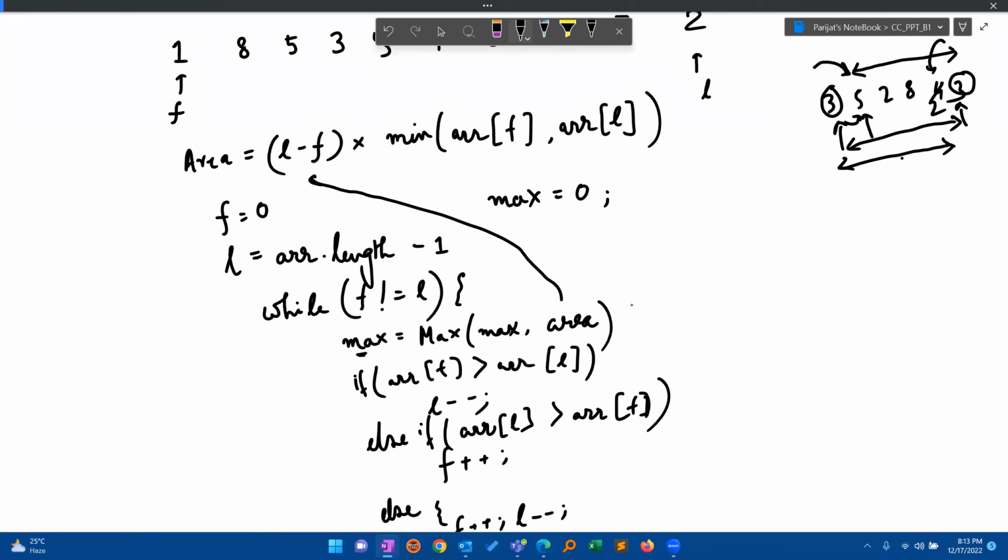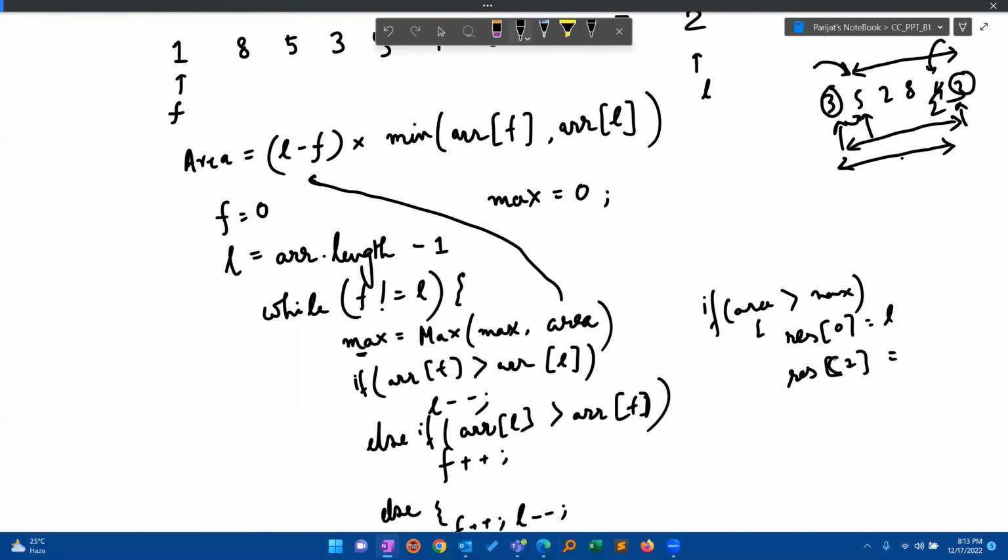You could also have to return a pair of indices which would make the container. In that case, whenever max gets updated, you make a check like this: if area is greater than max, then you change the pair.